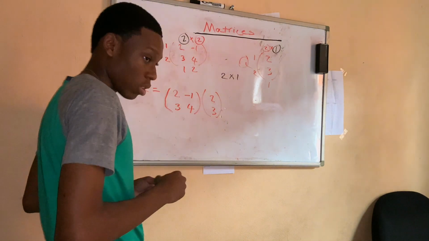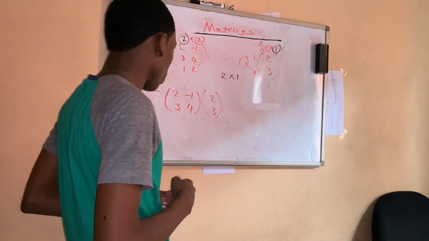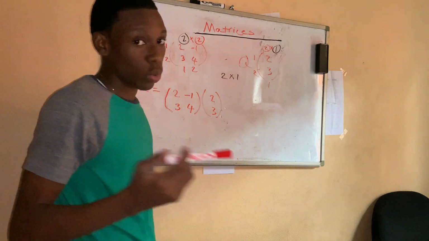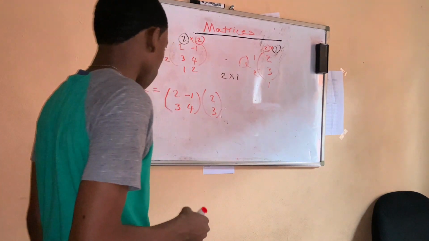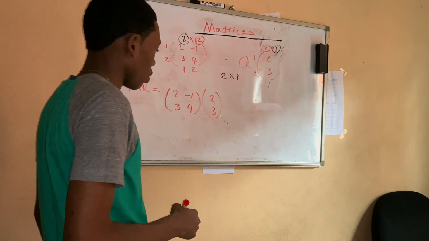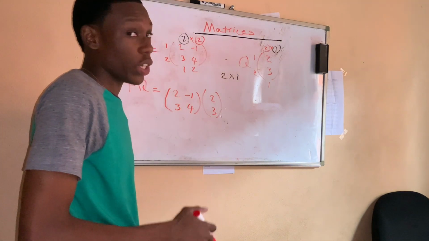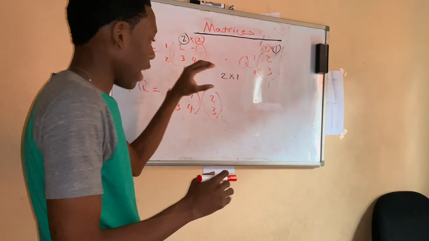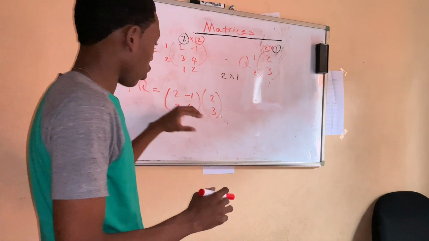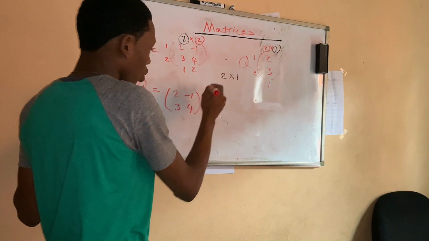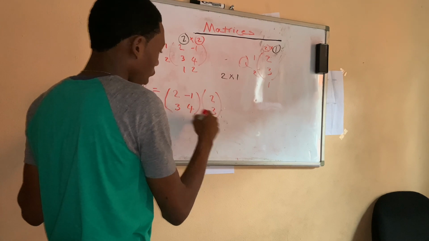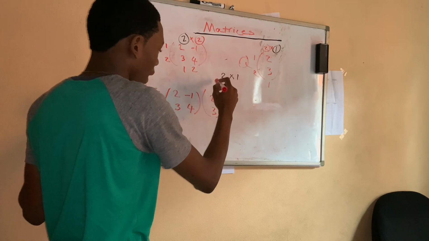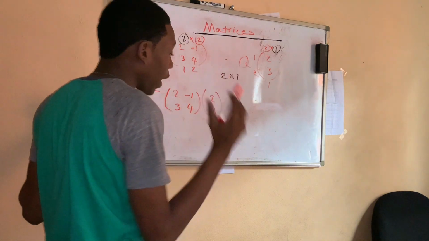In order to multiply these matrices, the rule is row by column. So each row by every column. This row is going to multiply by this column, and this row is going to multiply by this column again, and then you get the final result.